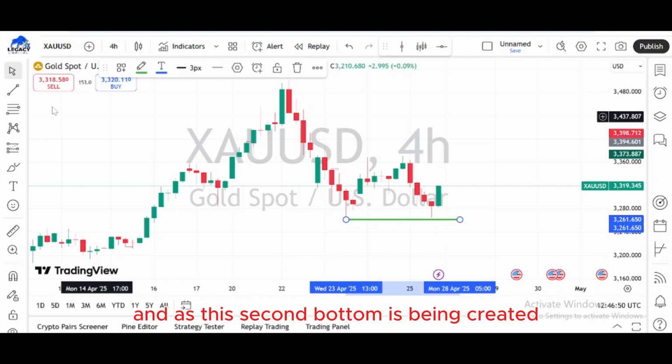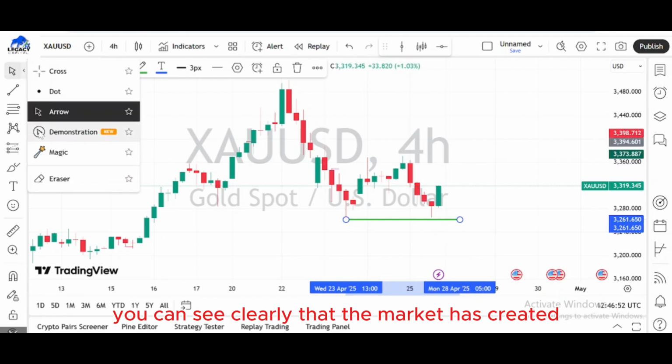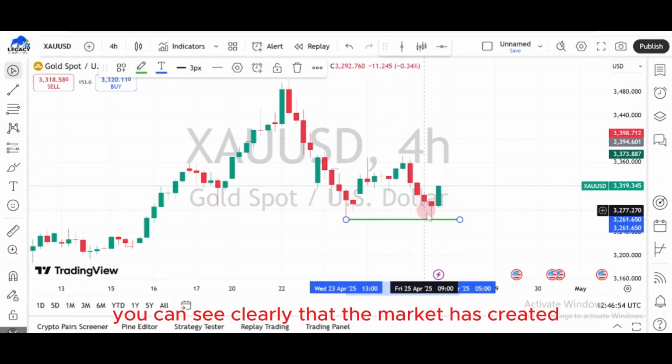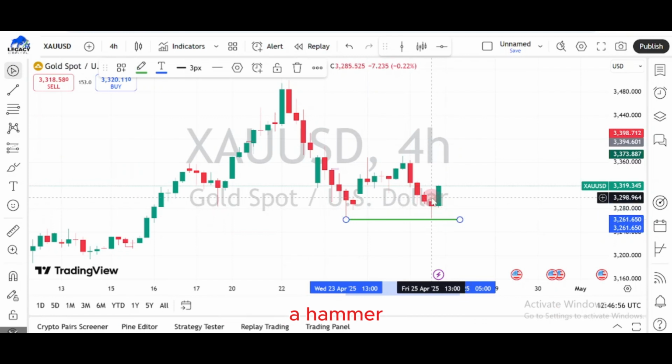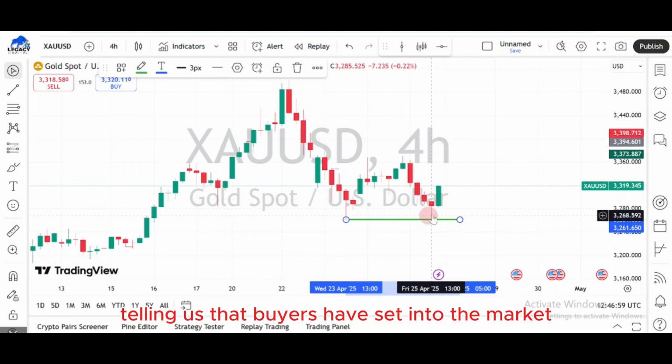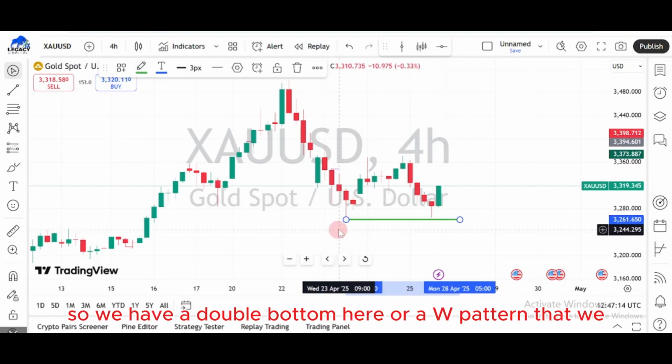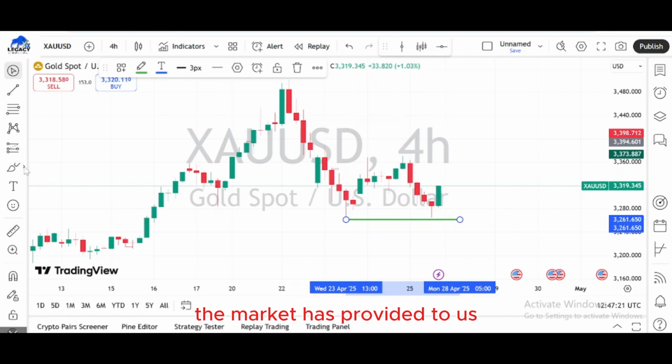As this second bottom is being created, you can see clearly that the market has created a hammer, telling us that buyers have stepped into the market. So we have a double bottom here, or a W pattern that the market has provided to us.